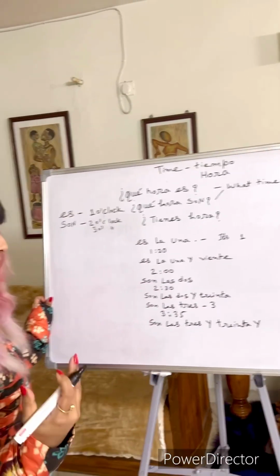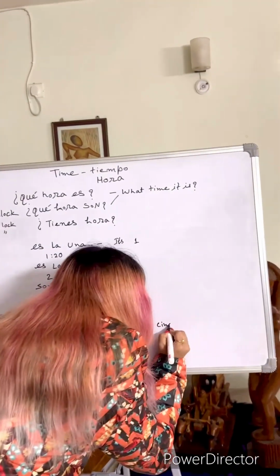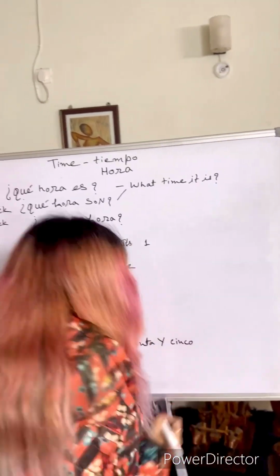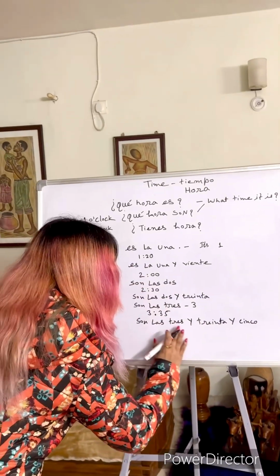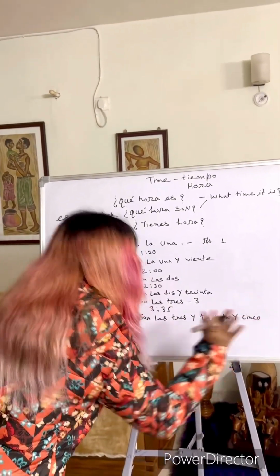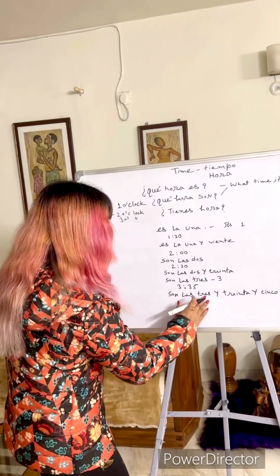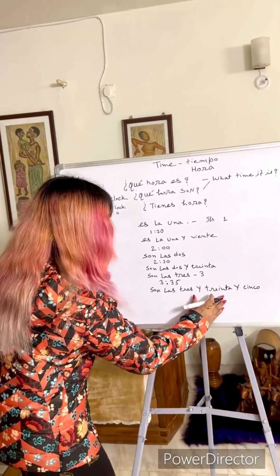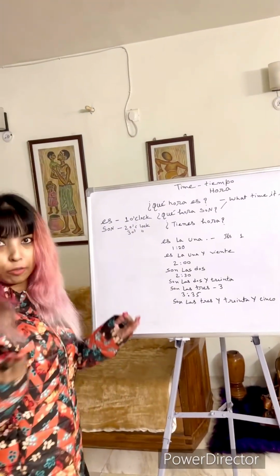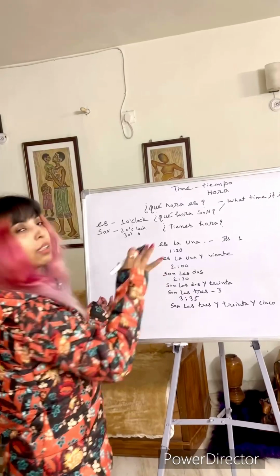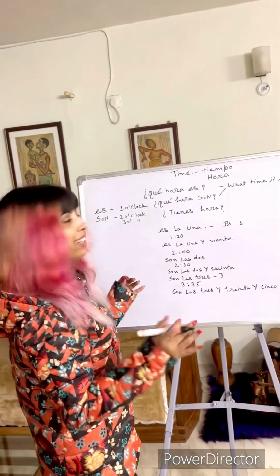Remember how you say 35? You have to add the "y" twice. It's las tres y treinta y cinco. Like if it is 3:45, son las tres y cuarenta y cinco. So you have to remember the numbers till 60, like till 59.